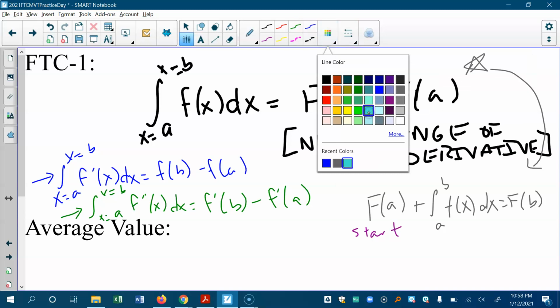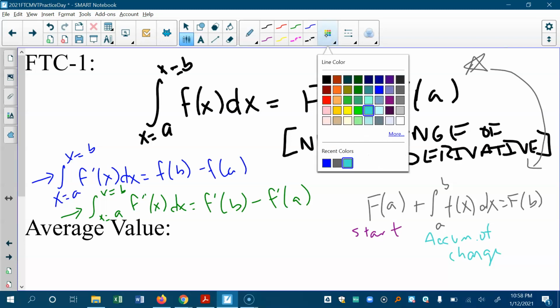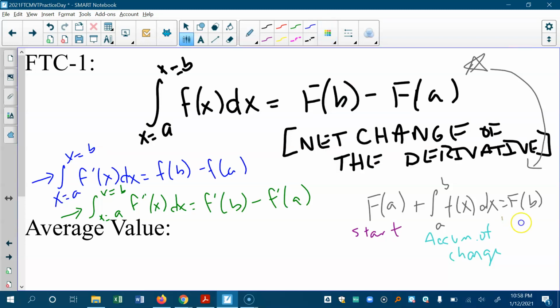plus how much everything is changing by, an accumulation of change. And if you do the starting value and accumulate how much change you've had and add onto the starting value, what you're left with is an ending value.